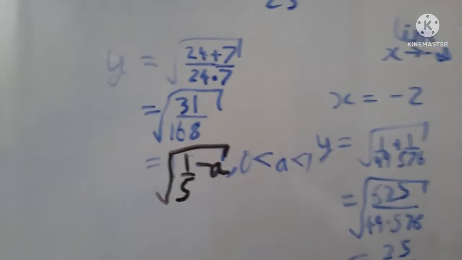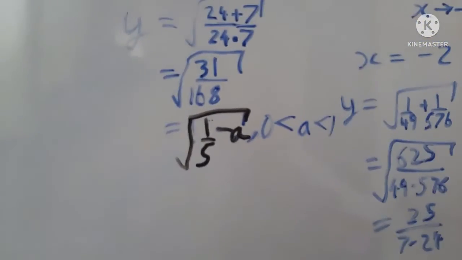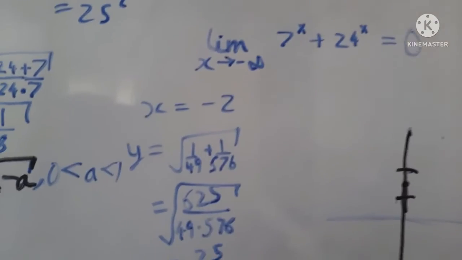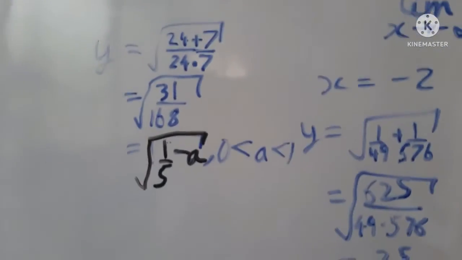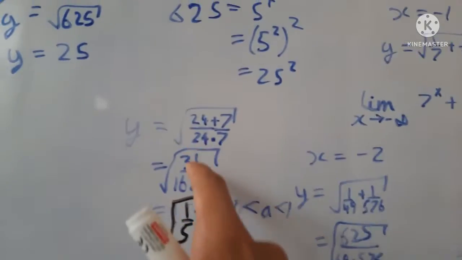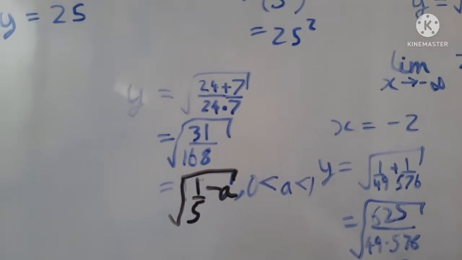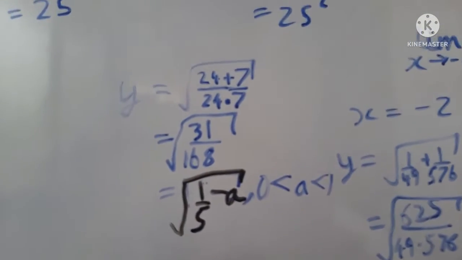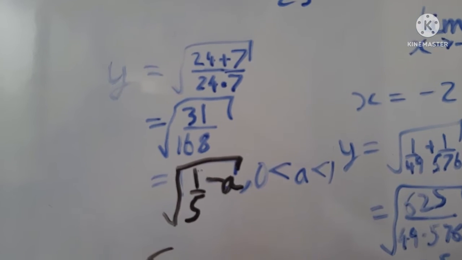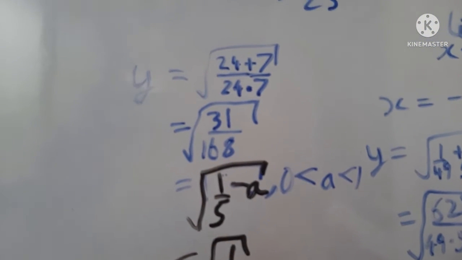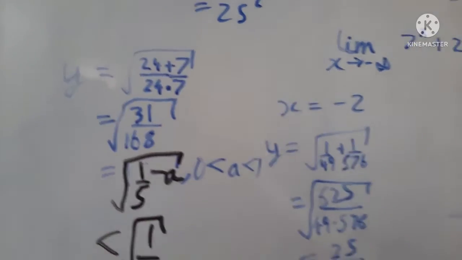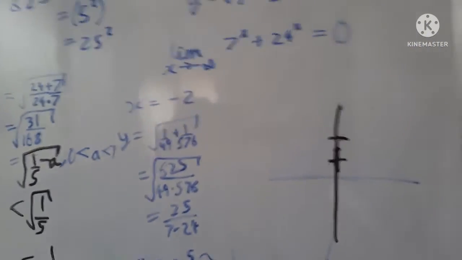A is some constant that I don't know the value of, but you could easily find it using a calculator. So far it makes sense. And this is going to be less than the square root of 1 upon 5, which is 1 upon the square root of 5, right?